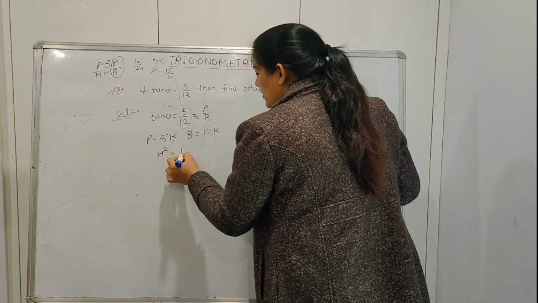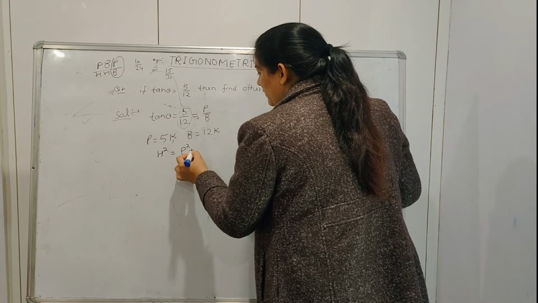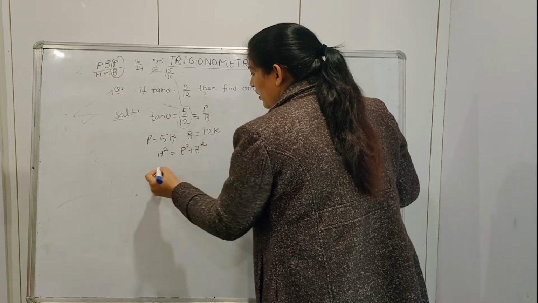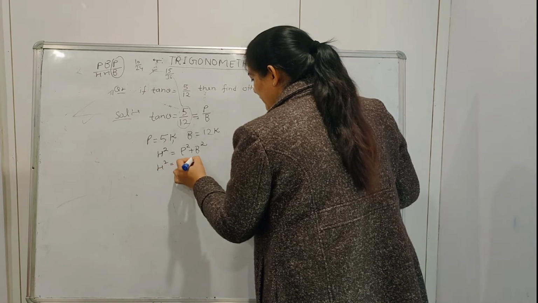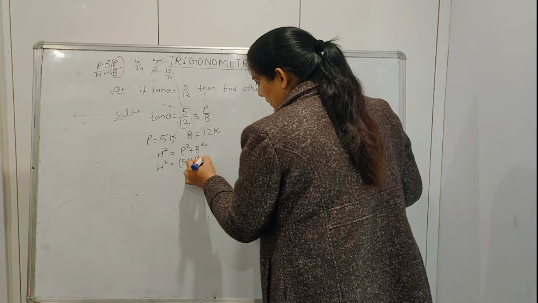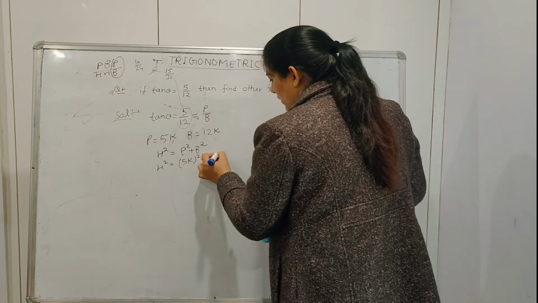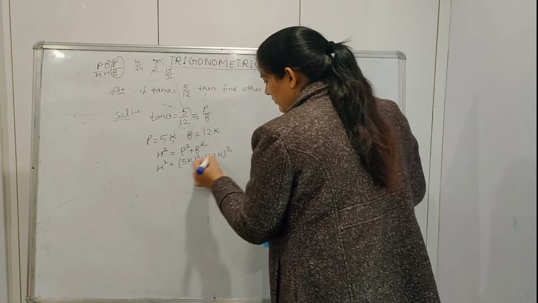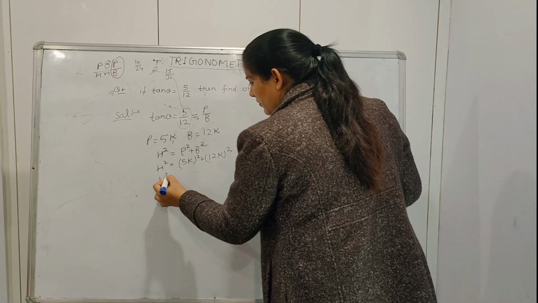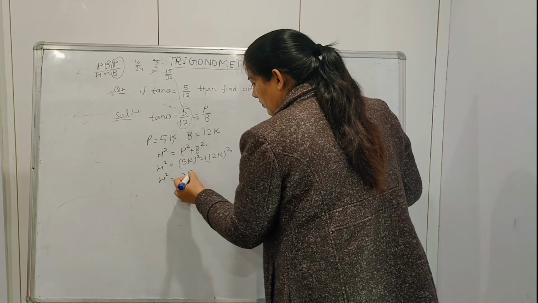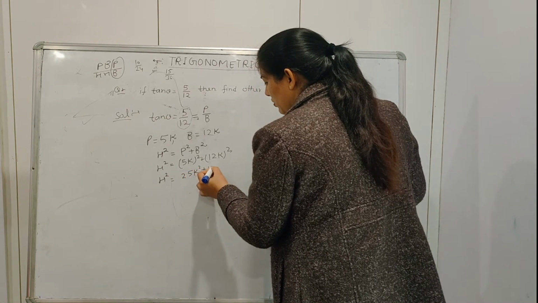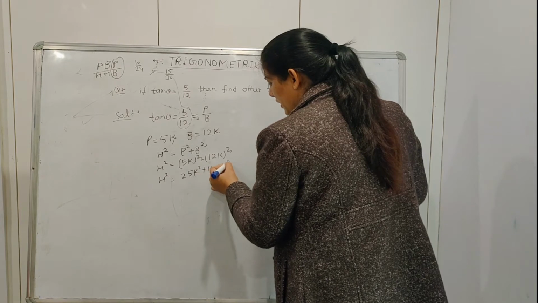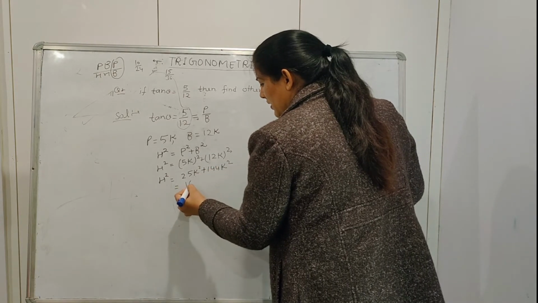h square is equals to p square plus b square. So h square is equals to (5k) square plus (12k) square. 25k square and 144k square gives you 169k square.